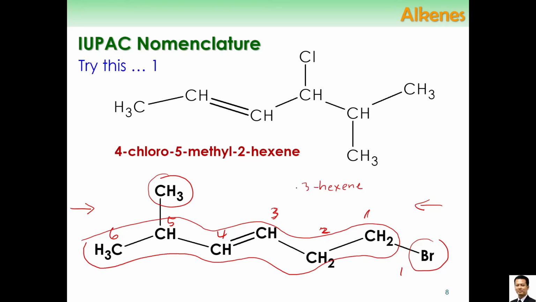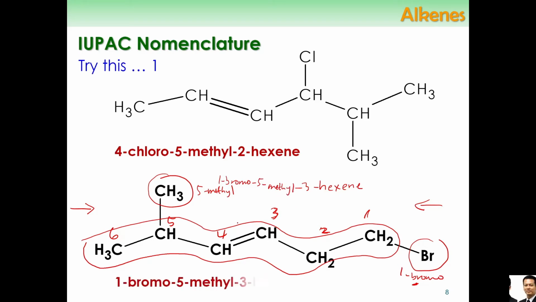So 3 hexene. 1 bromo. So this one now, methyl, has become 5 methyl. According to alphabet, we should write down bromo first. So the name for this compound will be 1 bromo 5 methyl 3 hexene.